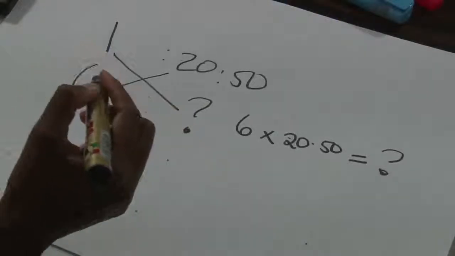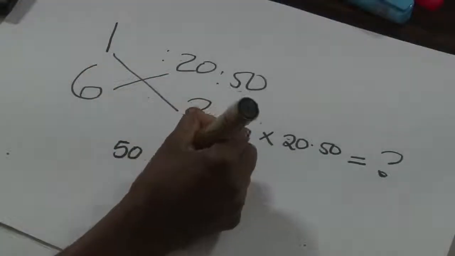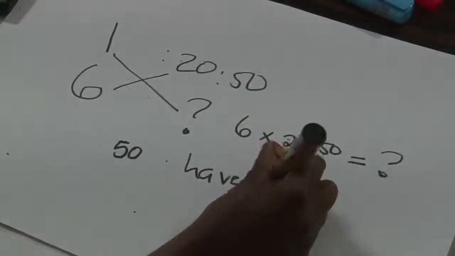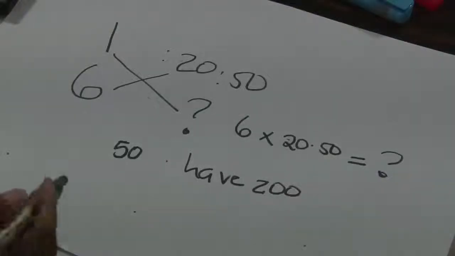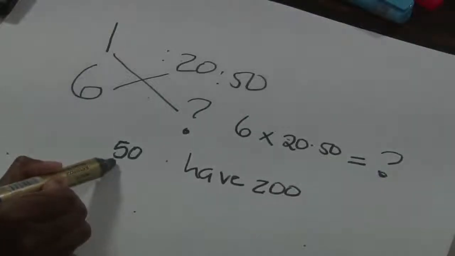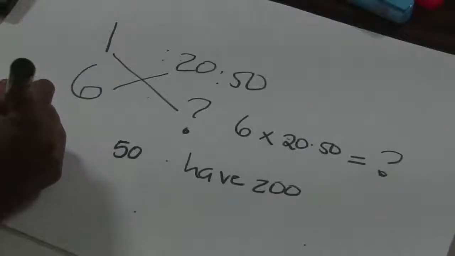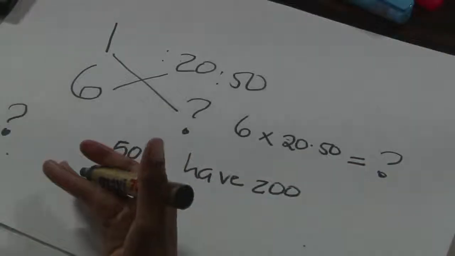But you also know that you only have 200 in your pocket. How many blooms can you buy with 200 if each is going to cost you 50?